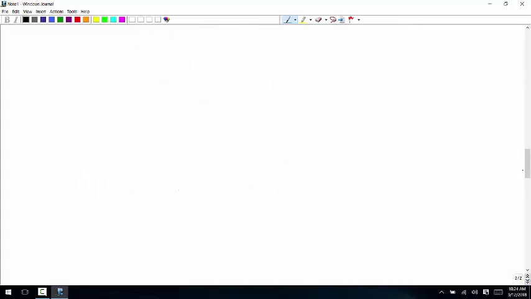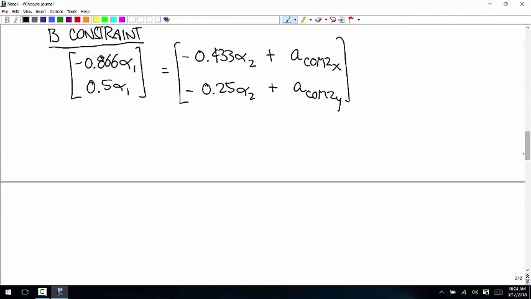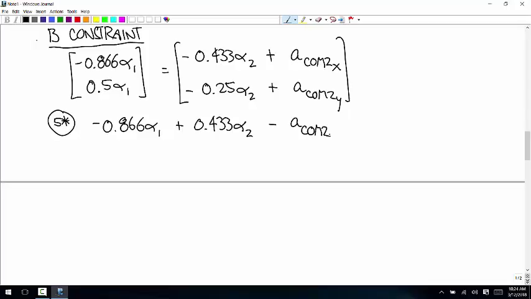And our constraint equations say, so this would be equation 5 star, says negative 0.866 alpha 1 plus 0.433 alpha 2 minus a center of mass of 2x is equal to 0.